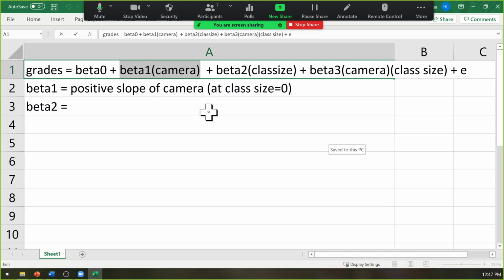Camera use matters less as the moderator goes up would be a negative interaction term. You with me? Ish.